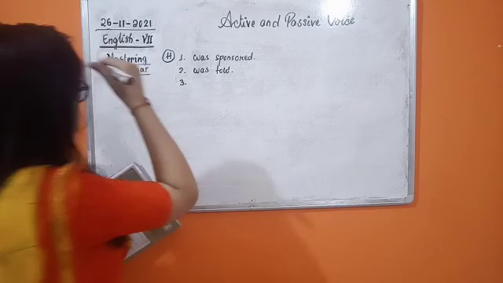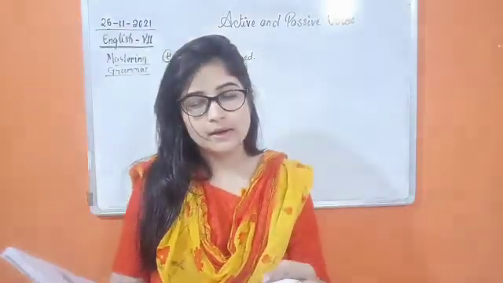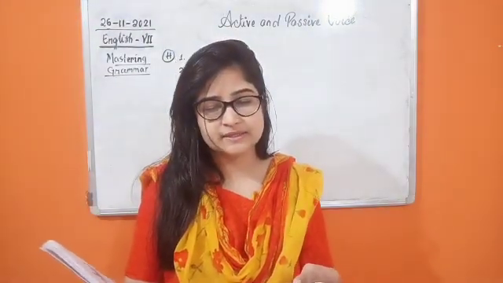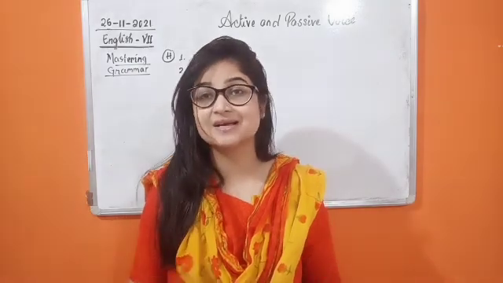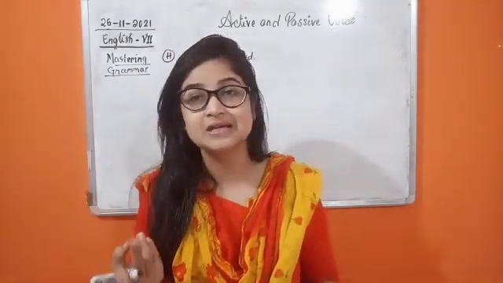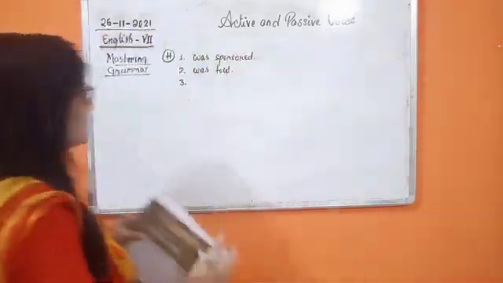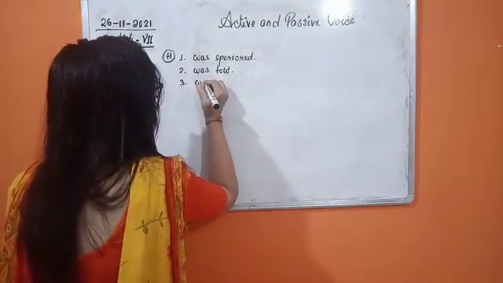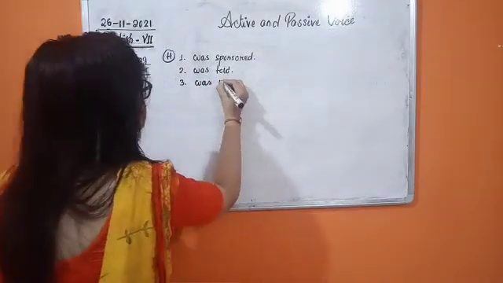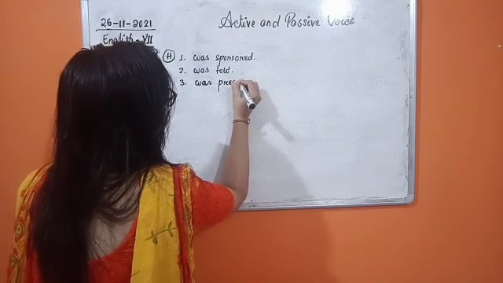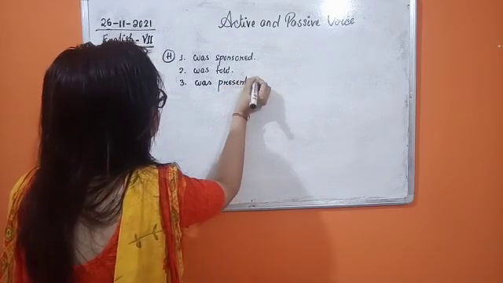Number 3 now. A classical song dashed by the singer. Again, a classical song is what, children? It is in singular. So we have to use was. A classical song was presented. The third form of the verb present is presented here.